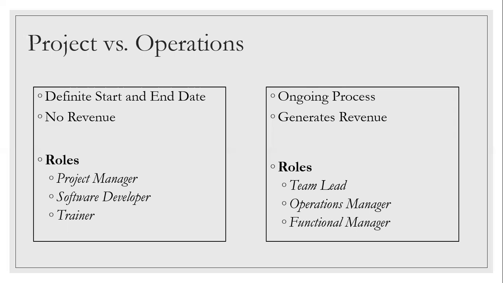Now an example will be, let's say it's a car manufacturing company, right? Till the time the car prototype is being defined and designed and built and tested and everything, till the time it is completely done, the prototype is ready, till that point of time, the project is on.